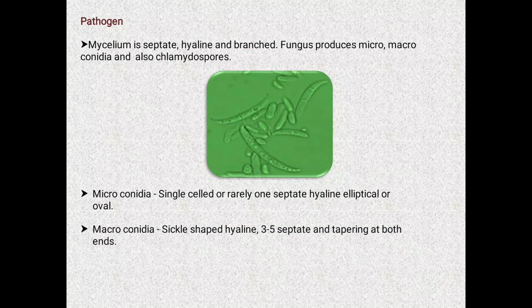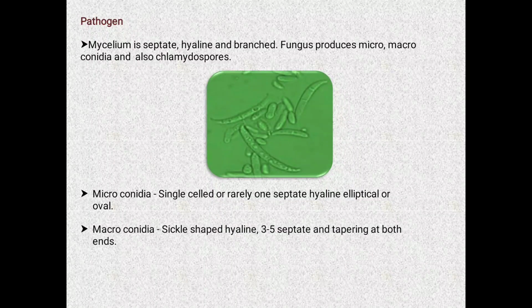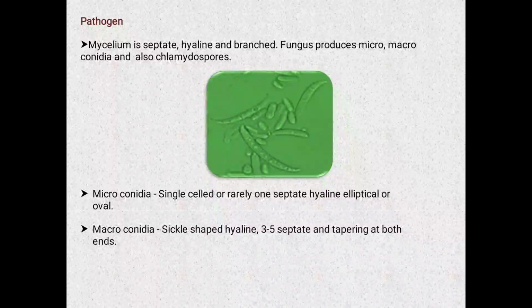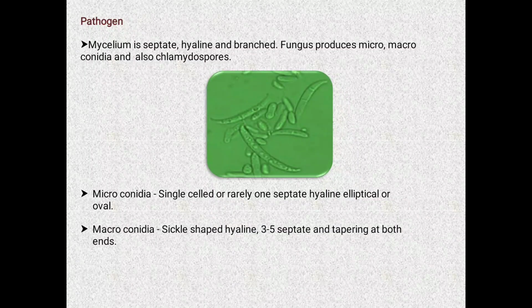Let me see the pathogen. It is also called the etiology of the disease. Mycelium is septate, hyaline and branched. The fungus produces micro and macroconidia and also chlamydospores. Microconidia are single-celled or rarely one-septate, hyaline, elliptical or oval.